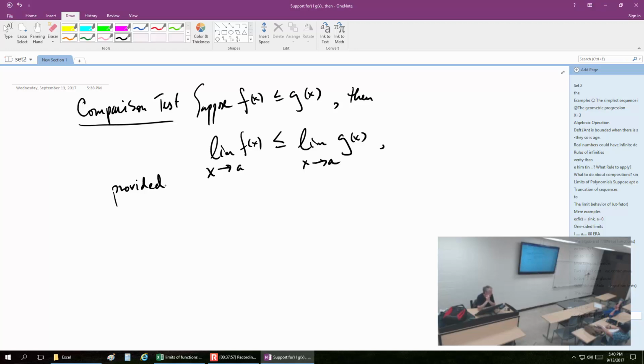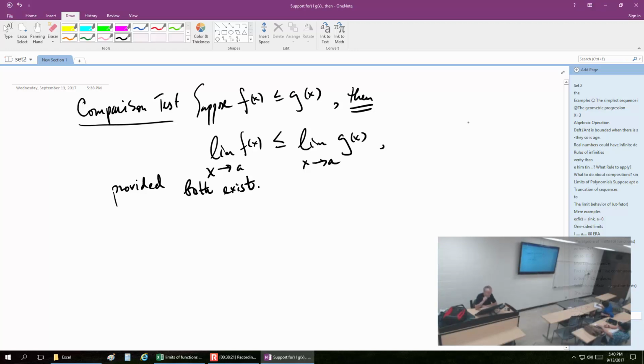Otherwise maybe they don't exist. Can you compare 2 things that don't exist in the first place? So you don't want to make a conclusion that cannot possibly be true. If the 2 limits don't exist, they cannot possibly have any relation between them. Or even if one of them doesn't exist, that still doesn't work. So provided both exist.